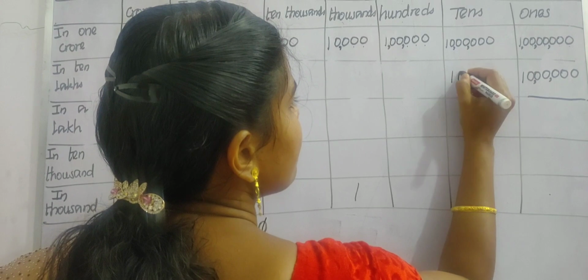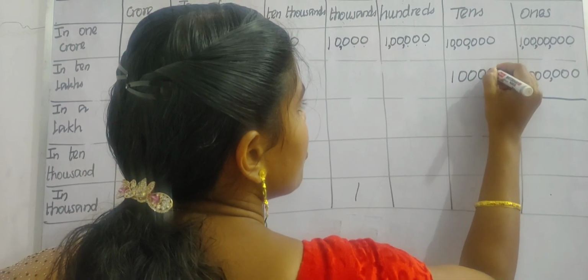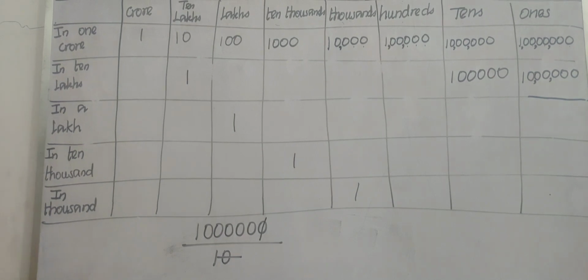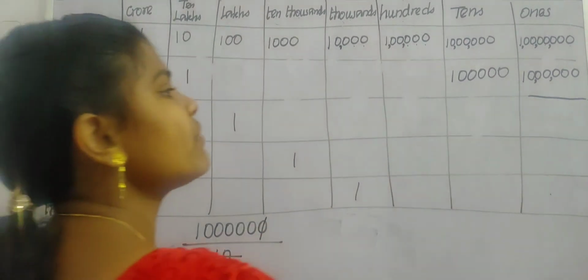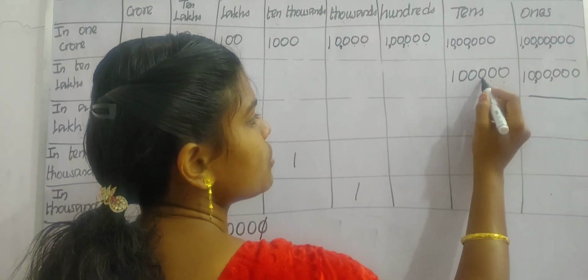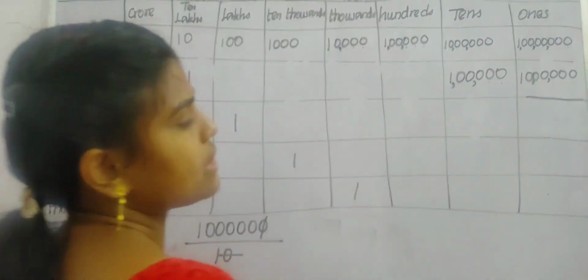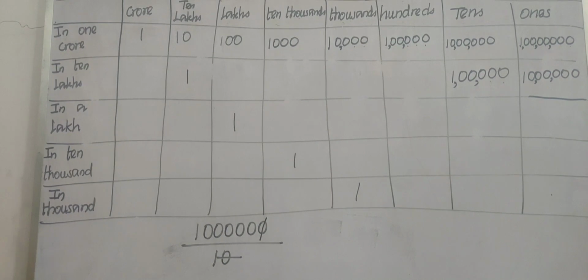So 1 and then 5 zeros. Now insert the comma. First of all, from the right we need to count 3. 1, 2, 3. Insert comma, and then count 2 and insert comma. Okay children, so we are having 1 lakh times tens in 10 lakh.